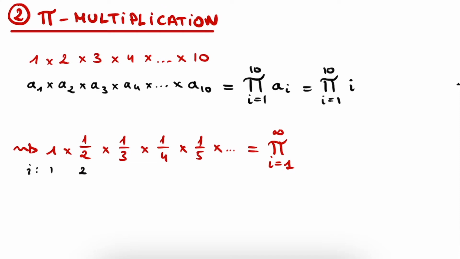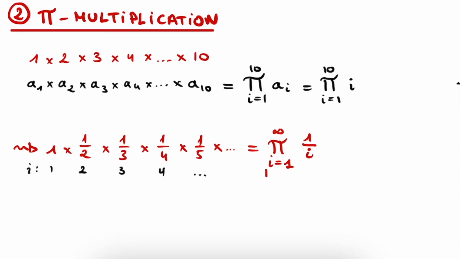On the second place, with index 2, we have the value 1 over 2. On the third place, with index 3, we have 1 over 3. On the fourth place, we have 1 over 4, and so on and so on. And you probably get the picture that the value for each number in our multiplication is simply 1 divided by the index that this number takes in our multiplication. And we see here that if we indeed fill in i going from 1 all the way to infinity, we indeed get this series again.